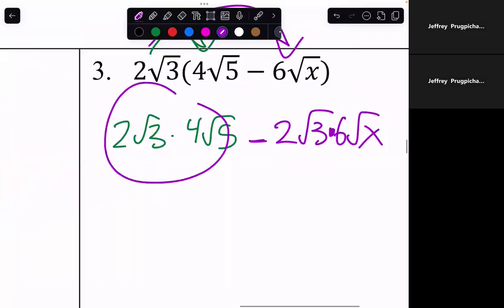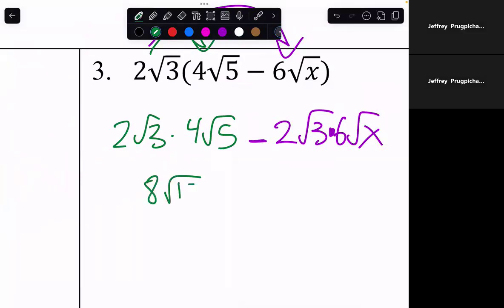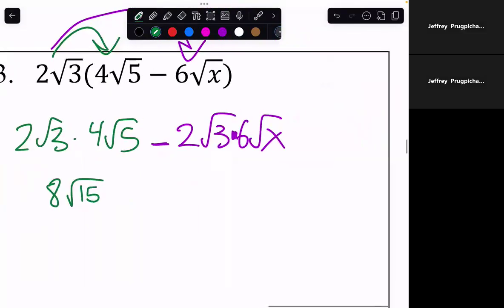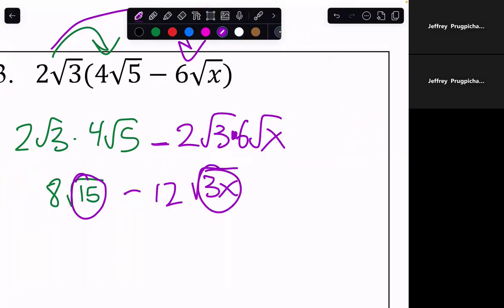Doing this part first, on the outside, 2 times 4 is 8. Radical 3 times radical 5 is radical 15. Then over here, you've got -2 times +6 is -12. And on the inside, 3 times x is 3x. You check, can these combine? No, they are not the same.